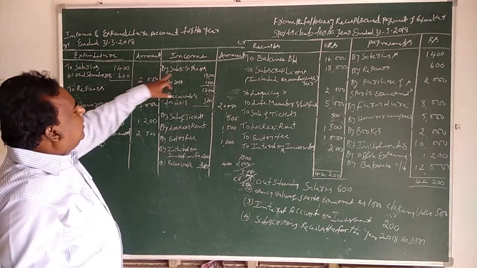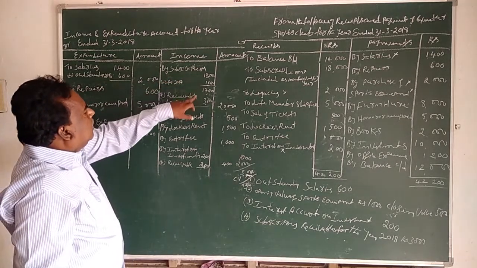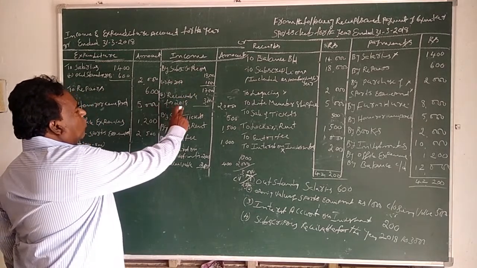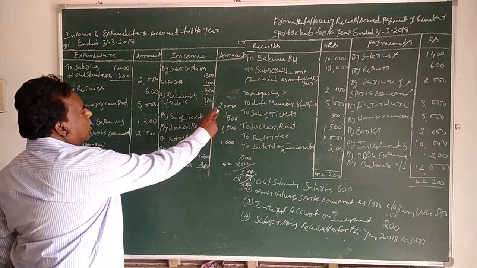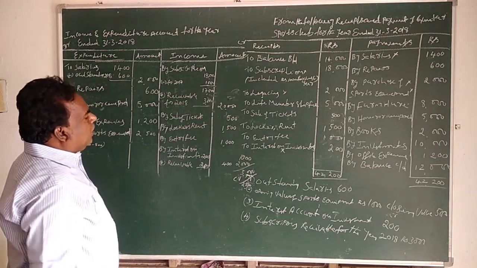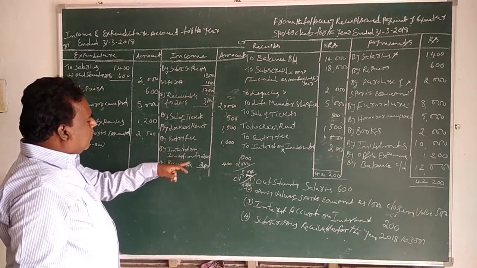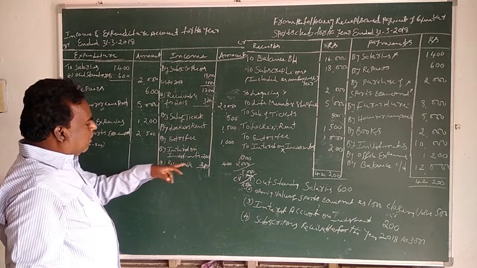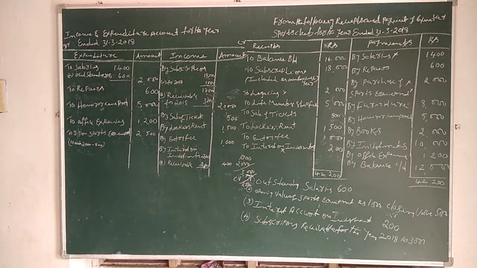Similarly, incomes: by subscriptions 18,000 minus last year 1,000, 17,000, plus receivable for the current year 2018, 3,000. Outer column total 20,000. Sale of tickets 500, lockers rent 1,500, entry fee 1,000, interest on investments 200 plus receivable interest 200, total 400. These are the sources of expenditure and sources of income.